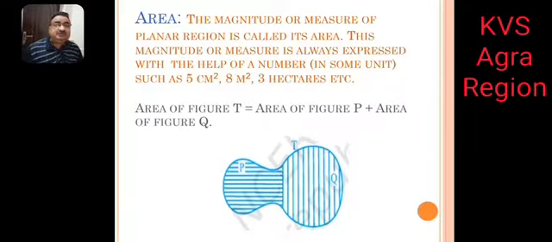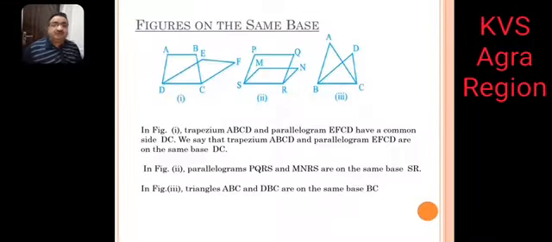This magnitude or measure is always expressed with the help of a number, such as 5 centimeter square, 8 centimeter square, and 8 hectares, etc. In the given figure, you may observe that the planar region formed by T is made up of the two planar regions P and Q. So, area of figure T is equal to area of figure P plus area of figure Q.